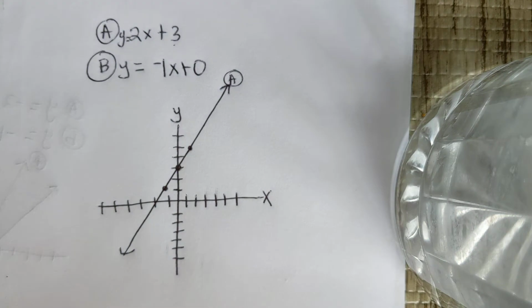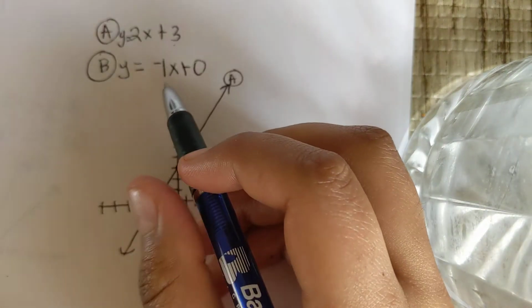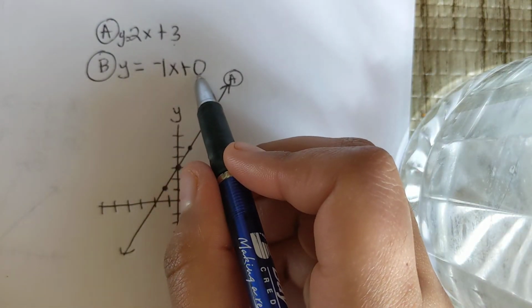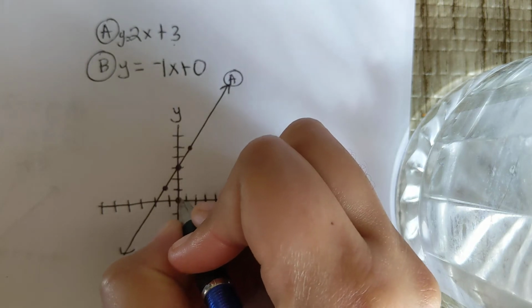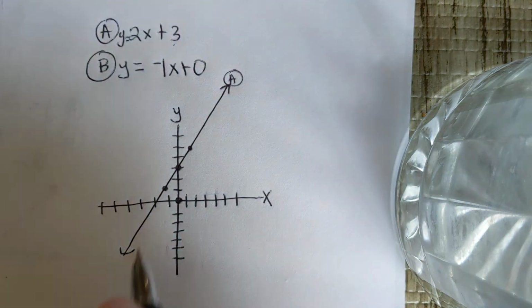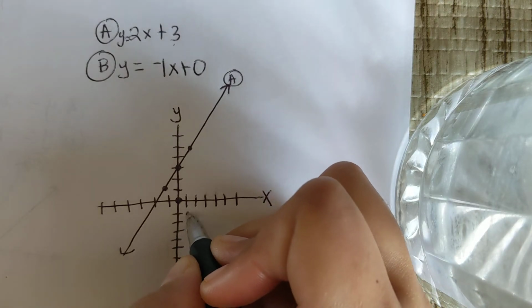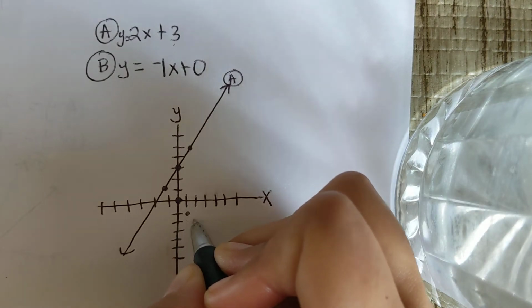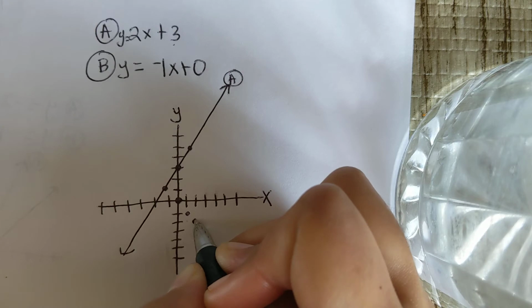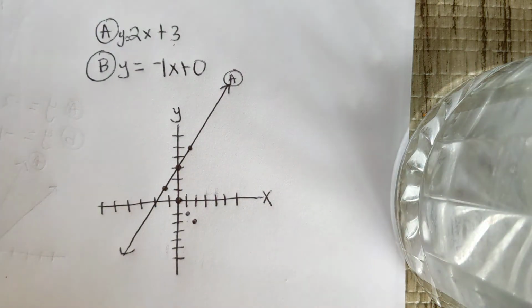So now let's go ahead and graph line B. My y-intercept is 0. So I'm going to make my dot at 0. And then my slope is negative 1. So I'm going to go down 1, 1 to the right, down 1, 1 to the right. So I'm going to draw my line.